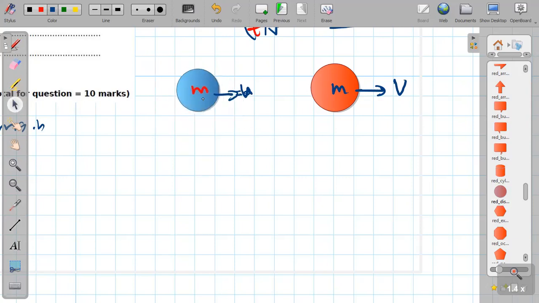At the moment it begins to move, it will go up to here. Can you see all this?